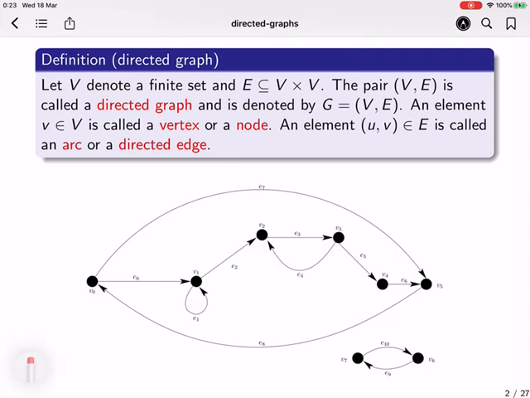So I hope that now you understand what a directed graph is. I want to emphasize the arcs or the directed edges are pairs, ordered pairs of vertices.